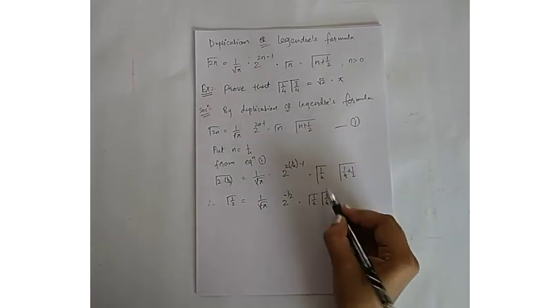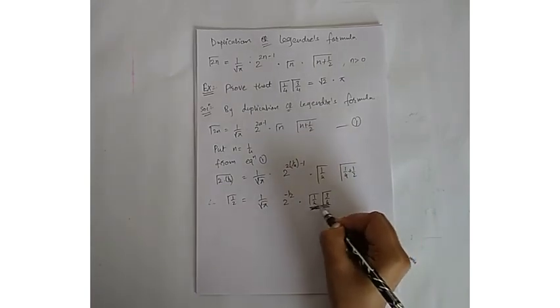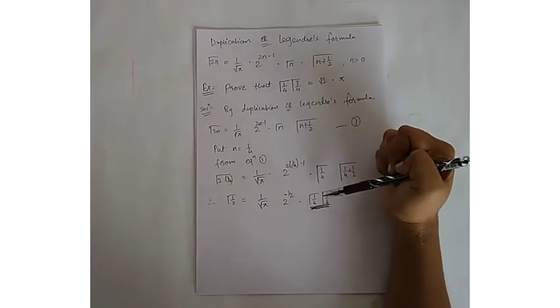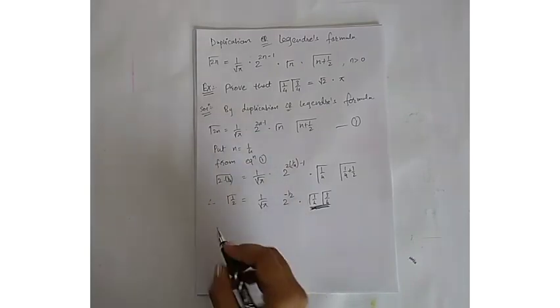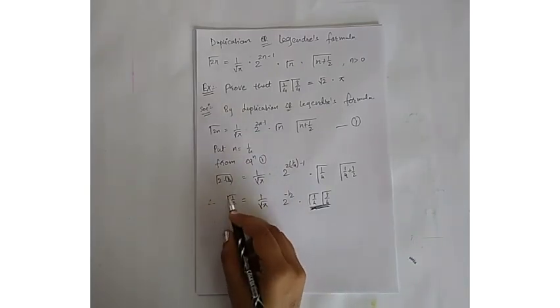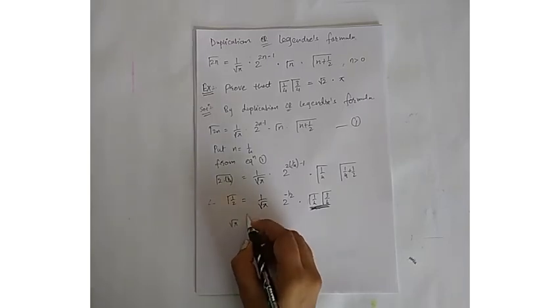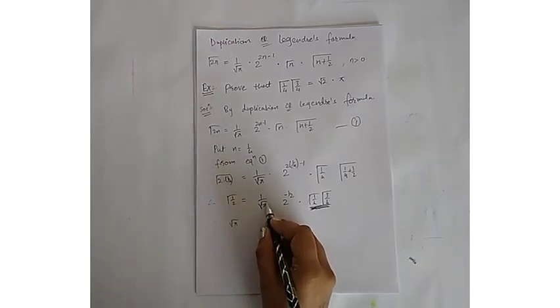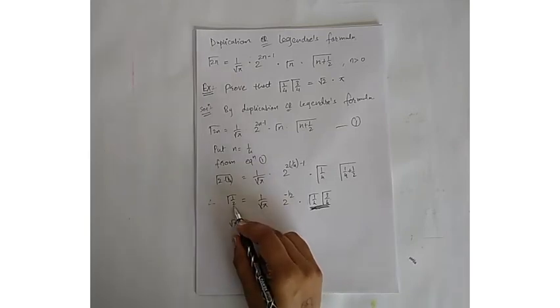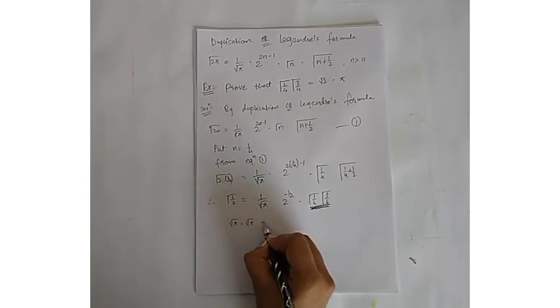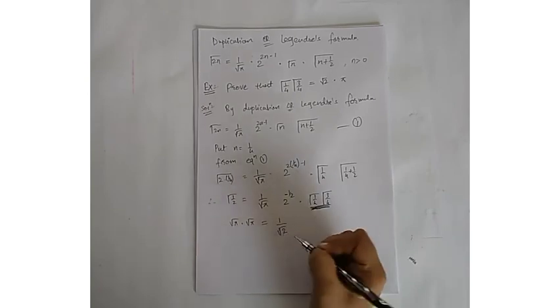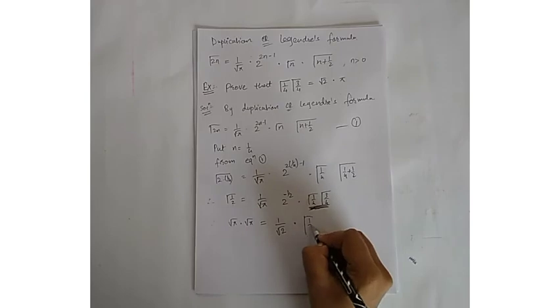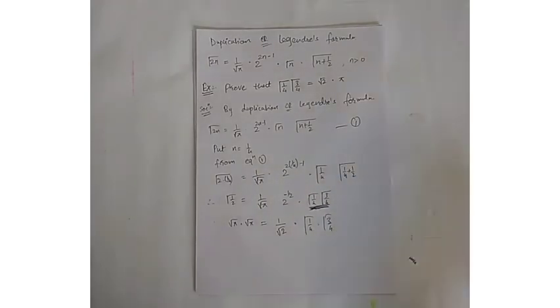Right, now we want this term, gamma 1 by 4 into gamma 3 by 4. Evaluating only this, we know that the value of gamma 1 by 2 is square root of pi. So here is square root of pi, multiply this, square root of pi, here is 1 upon square root of 2 into gamma 1 by 4 into gamma 3 by 4.